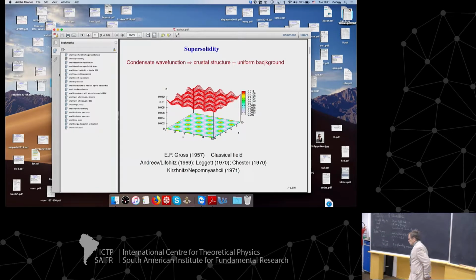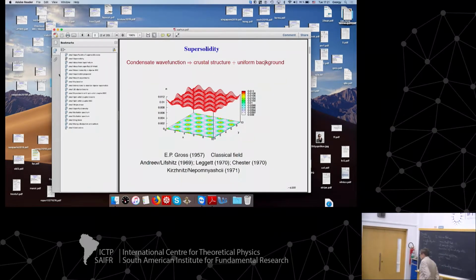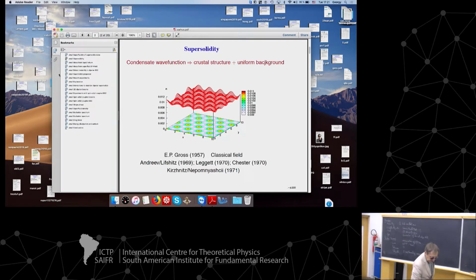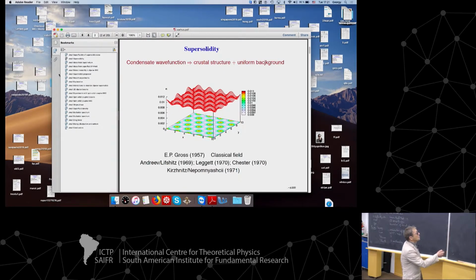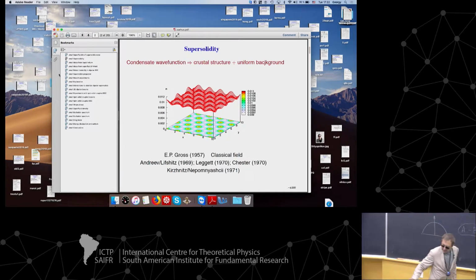Let's say when the interaction is strongly momentum dependent or significantly momentum dependent, this may induce the presence of this so-called supersolid structure.